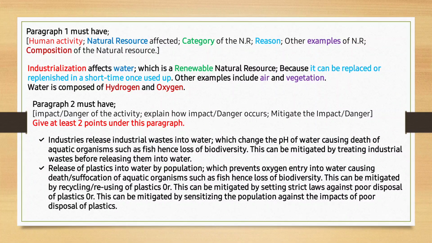So in this case, you give us the impact, you explain how it occurs, and then you mitigate. Now on this last point, you can just pick any one of the mitigations. Okay.